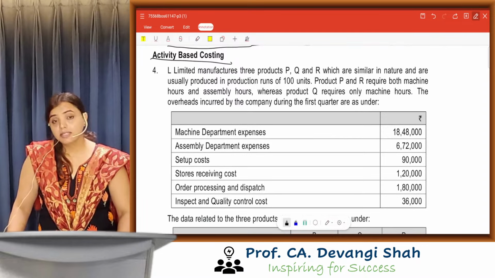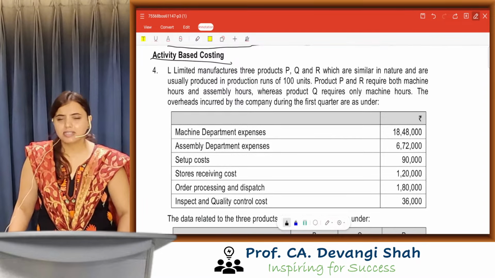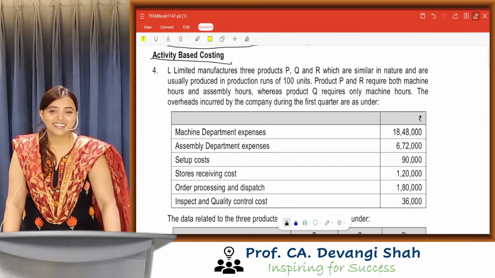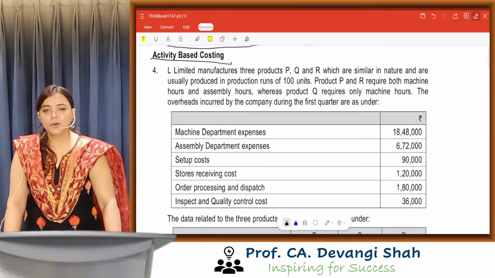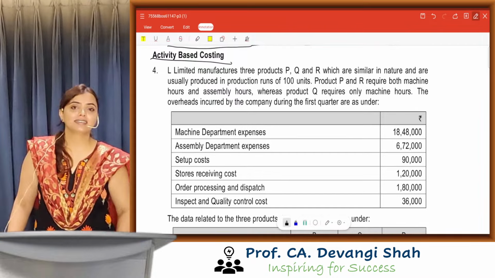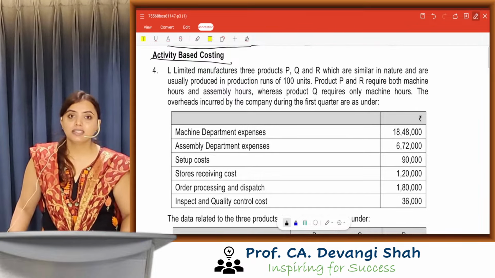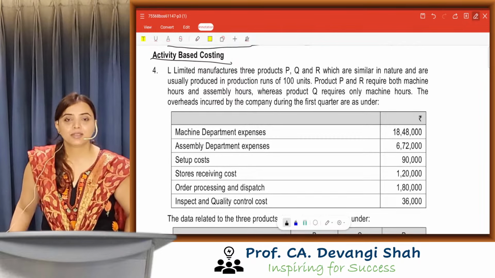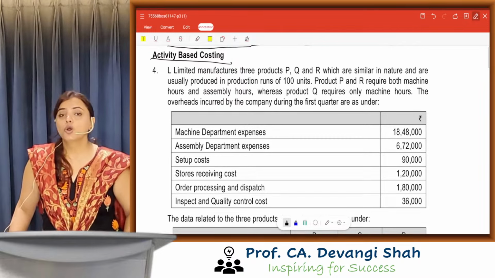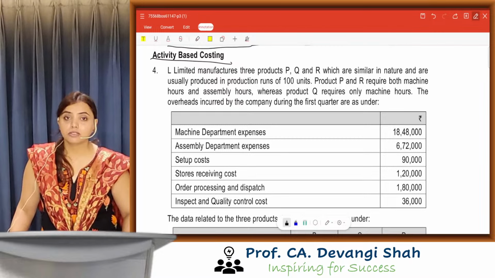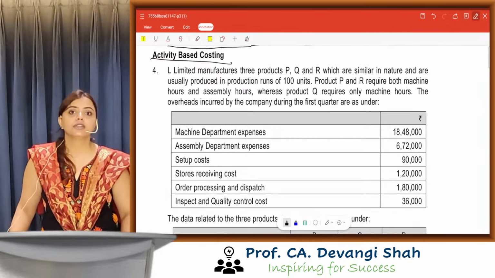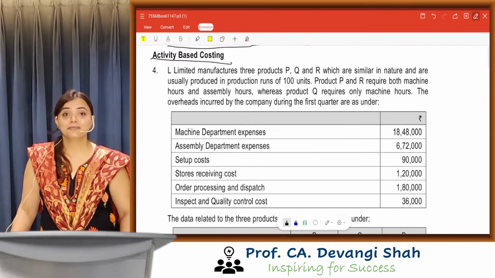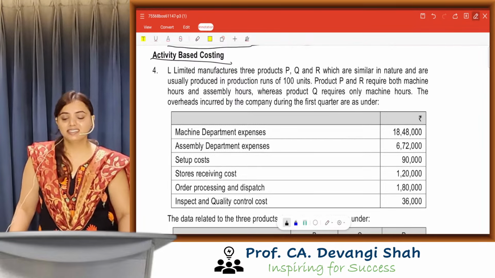And yes, this chapter needs to be studied exactly after overheads, because when you come to ABC, overheads becomes a traditional method, and activity based costing is a modern method of charging fixed overheads. Both the chapters are important. Overheads comes in exam for 10 marks, also ABC comes for 10 marks. So you can't skip. Let's study this sum.